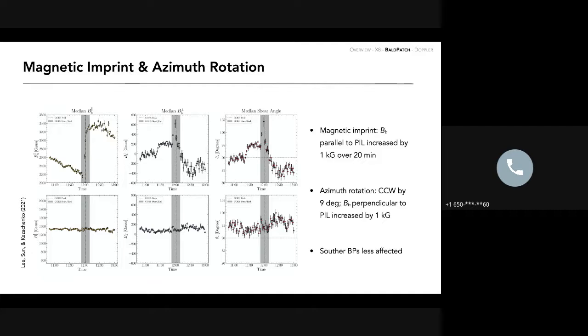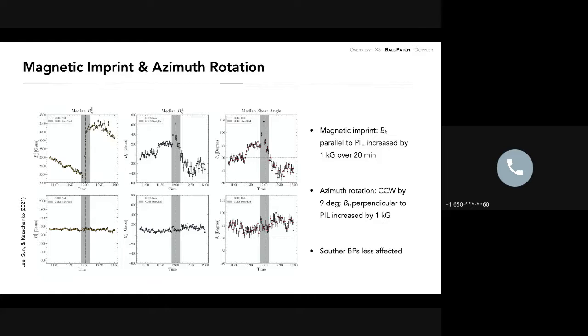The middle row shows you the magnetic field perpendicular to the neutral line. In the top part, the magnetic field actually changes sign from positive 200 Gauss to negative 300 Gauss. That means before the flare, the vectors were pointing from the negative to the positive side, and after the flare, they point in the opposite direction.